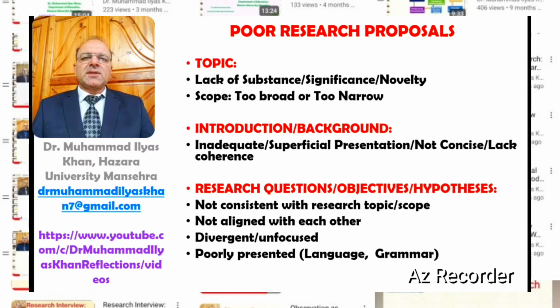In some cases, the research topics are too narrow, and so they cannot adequately cover the fields that they should cover. These are the two main issues related to the topic of poor research proposals.